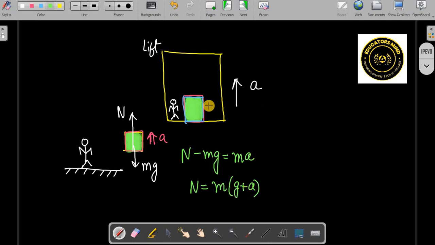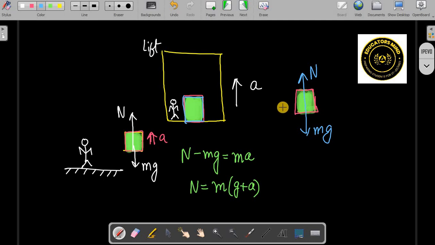Right? Now let us understand the free body diagram from the viewpoint of the non-inertial frame. Okay, so this is the object. Now from this non-inertial frame, again draw the free body diagram. So mg acting downward, normal acting upward.